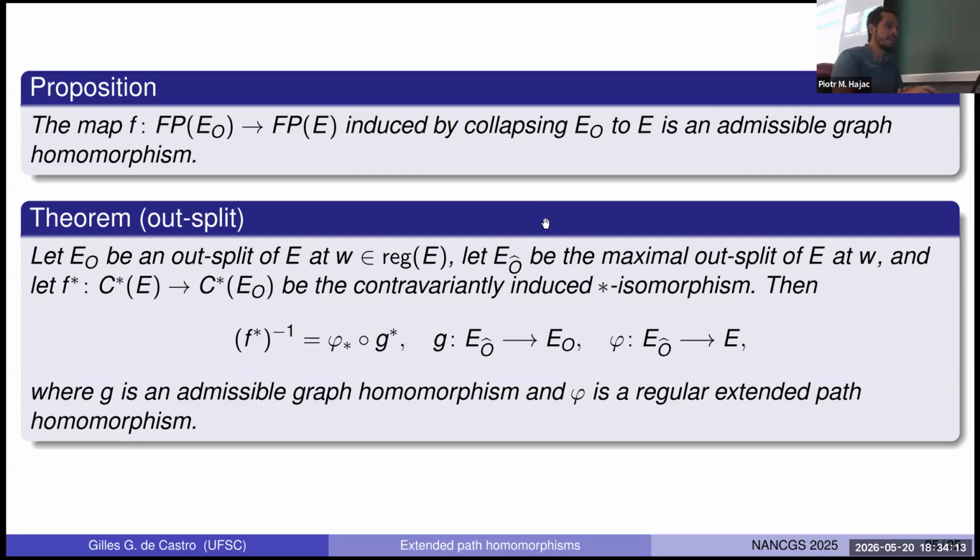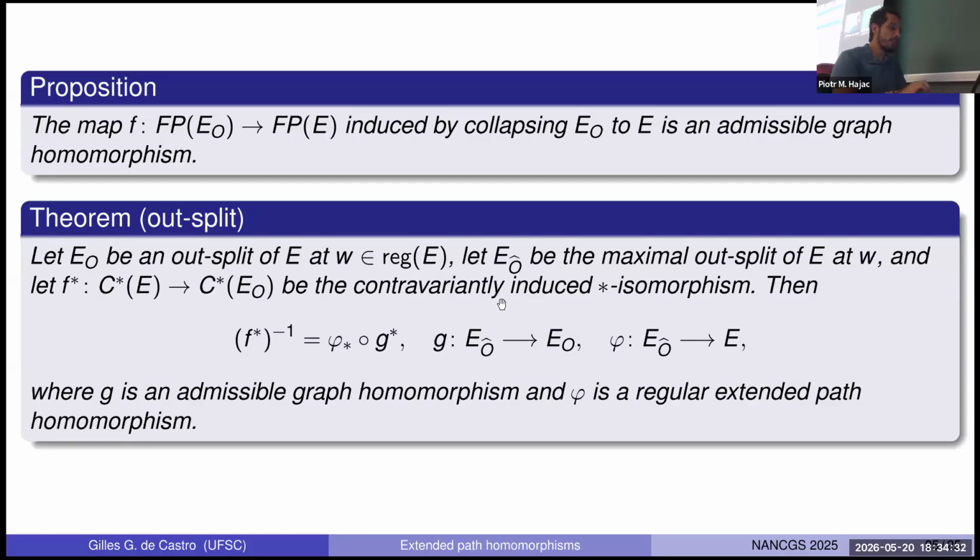So we can always collapse the maximal outsplit to a partial outsplit. So there's always this map from the maximal outsplit to the original one, collapsing corresponding to the partitions.